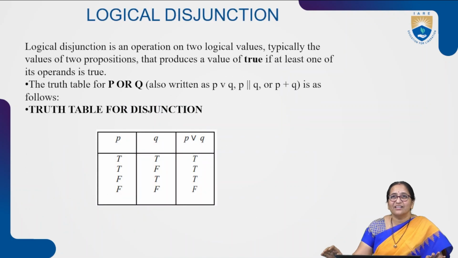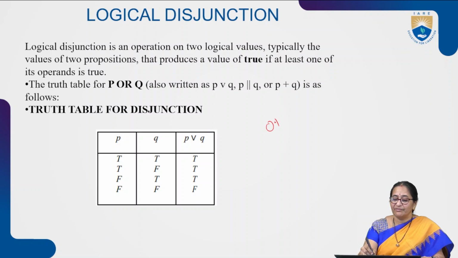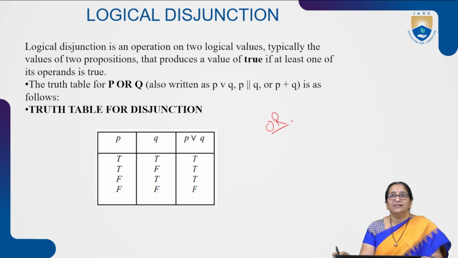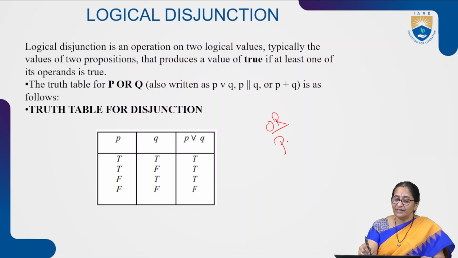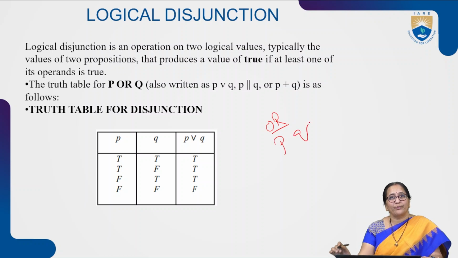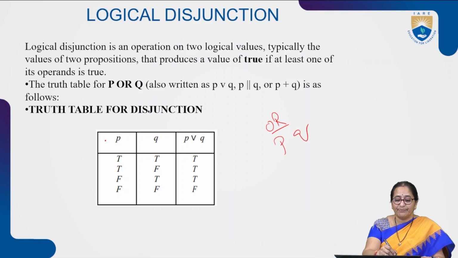Yes, the next one is logical disjunction. The logical disjunction is an operation on two logical values. Here we represent the logical disjunction symbol with the OR operation. The logical values here, P and Q, are two propositions. P is one proposition, Q is one proposition.